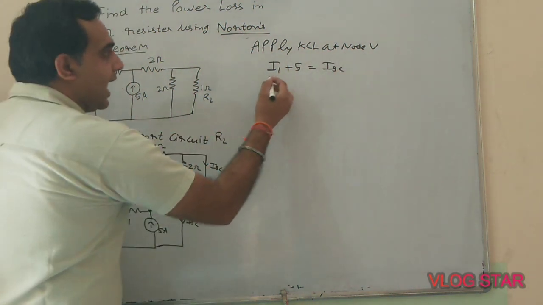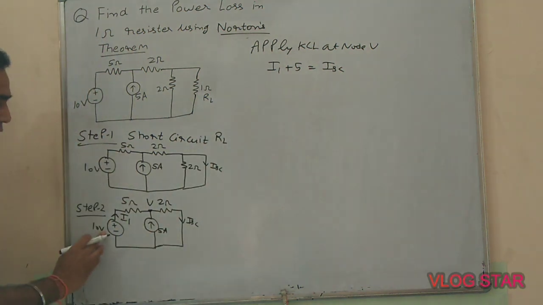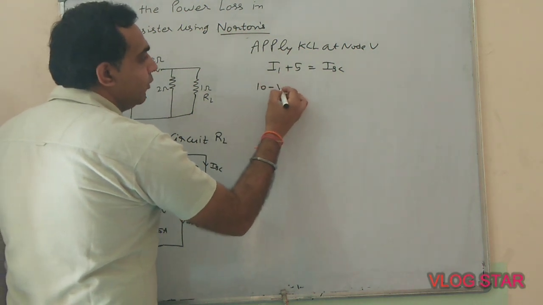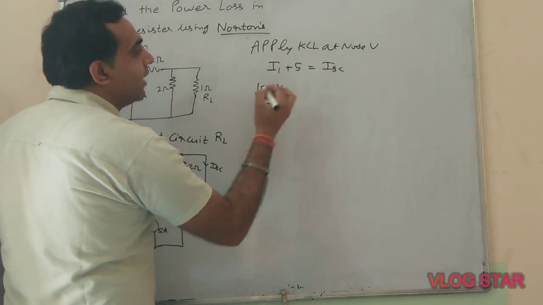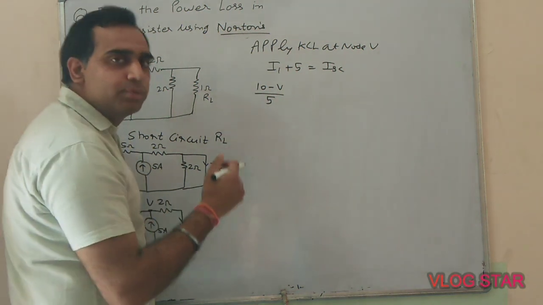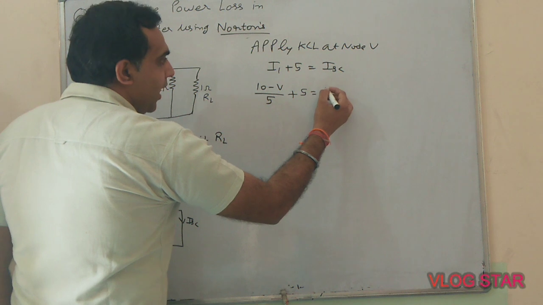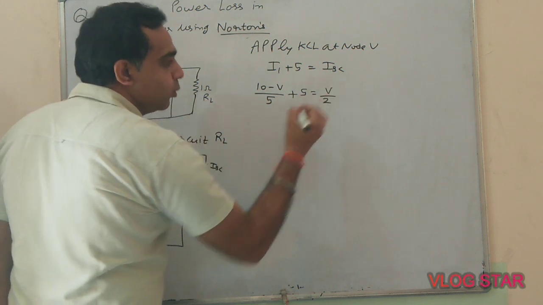I1 current flows from 10 volt to voltage node V, so 10 minus V divided by 5, and also apply Ohm's law. What about ISC? It's V by 2.